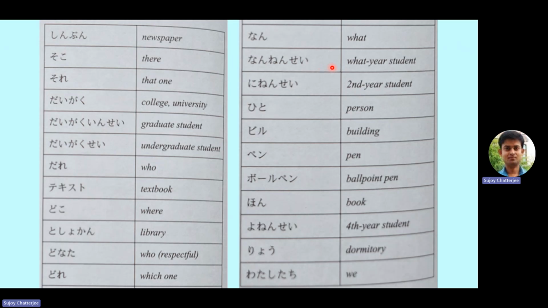Nannensei, which year student. Ninensei, second year student. Hito, person. Biru, building. Pen, ballpoint pen. Hon, book. Yonensei, fourth year student. Ryo, dormitory. And watashi tachi means we.